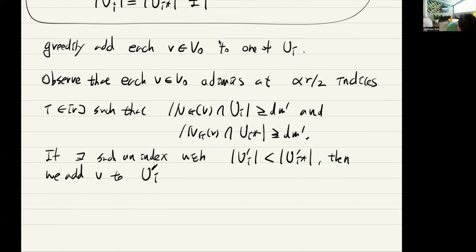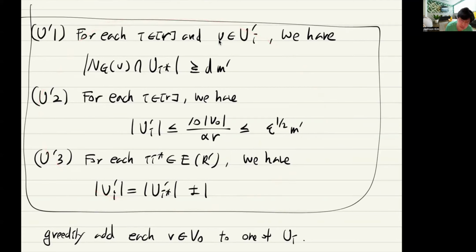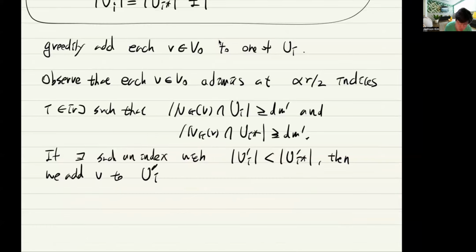If the previous one was still satisfying all three properties, now after adding one vertex, none of them stops holding. So all of them still hold. So you add one vertex to the smaller one. So this will never break. And this is still okay because U_i star is bigger than U_i, and U_i star still satisfies this. So after adding one, this is still okay, because U'_i is smaller than U'_i star.